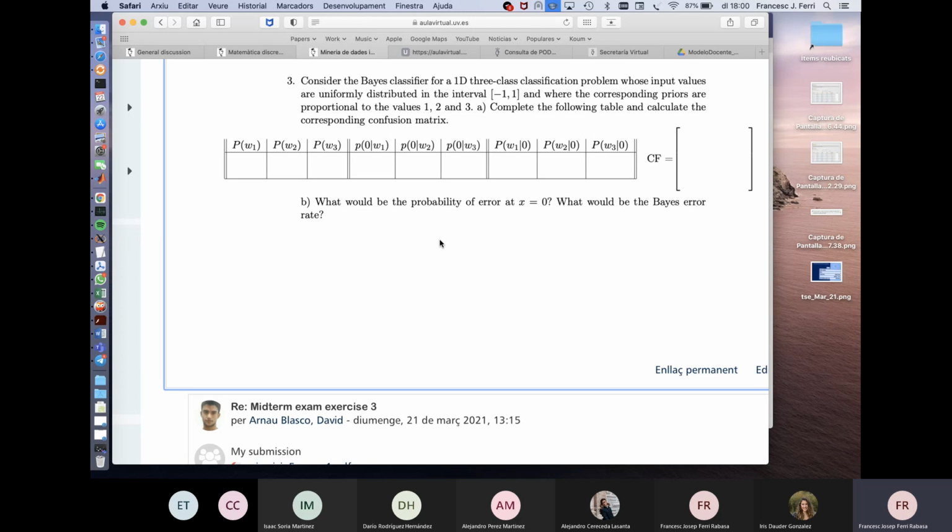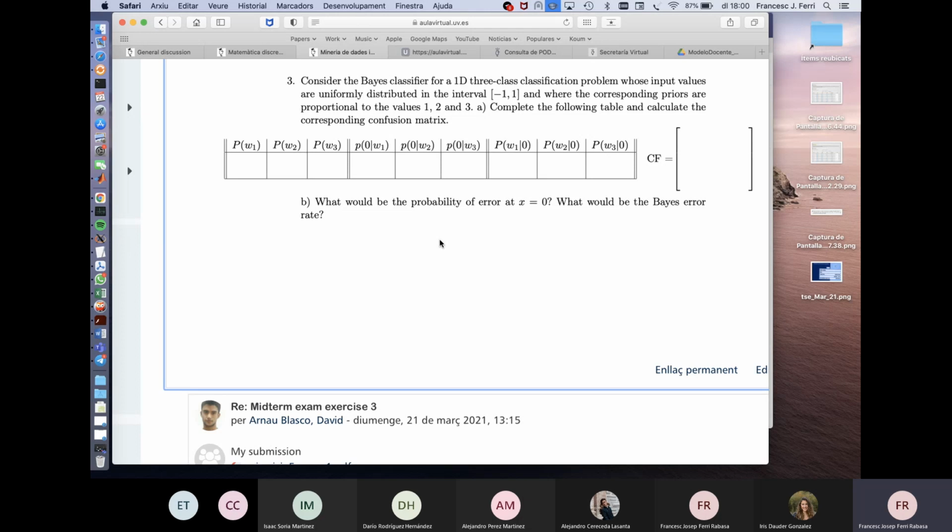But in this case, everything is constant. So the answer for x equal to 0 or for the whole space, the probability of error at x0, the only difference can be a constant. But the meaning is the same. What's the important thing?